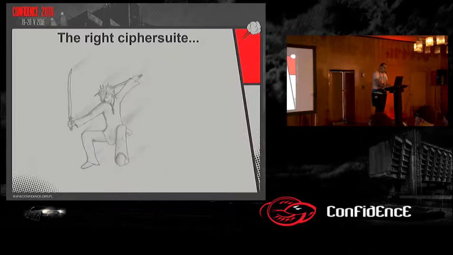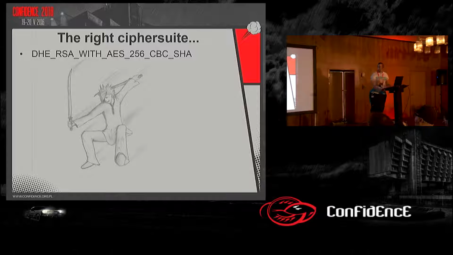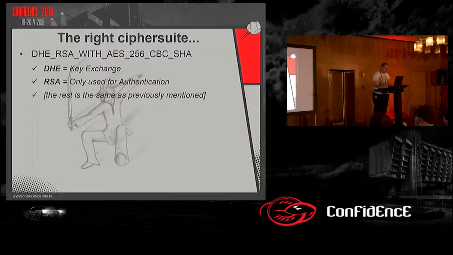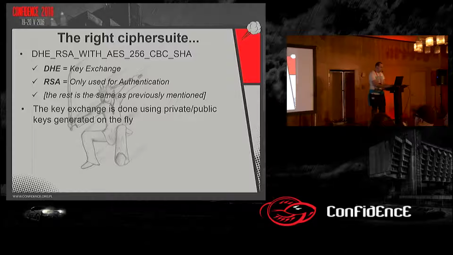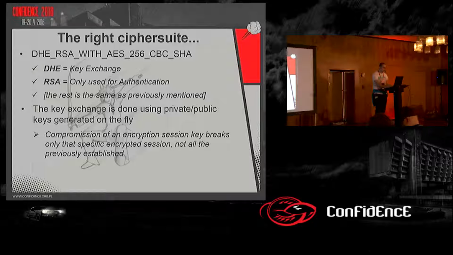So we can say that the precondition B is not satisfied if we try to use this kind of ciphersuite. And what about this other one? In this case, Diffie-Hellman is used as key exchange mechanism, and RSA is only used for authentication. And the rest is the same. So in this case, basically, the private and public key are generated on the fly.